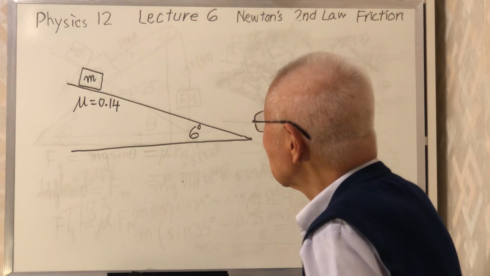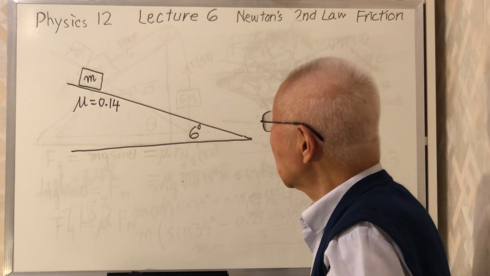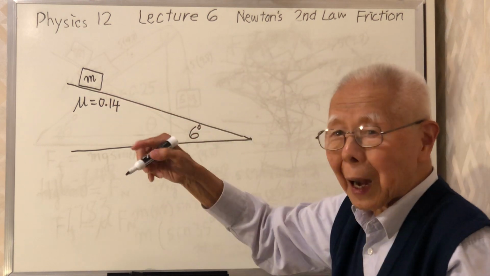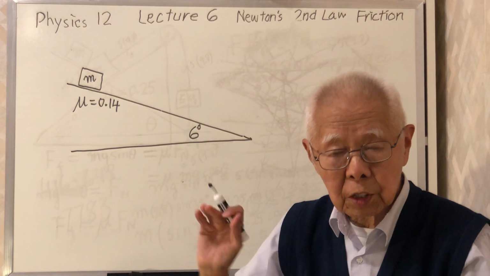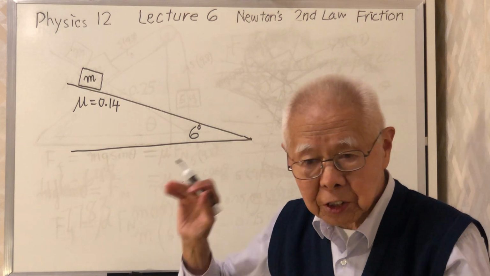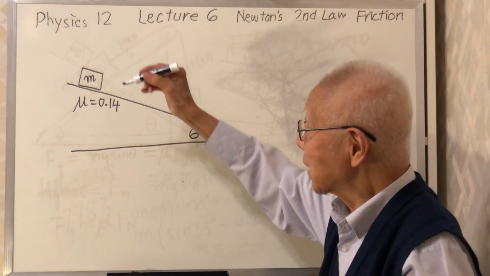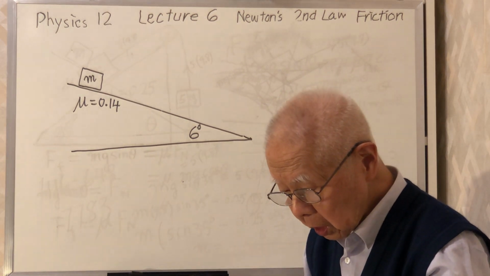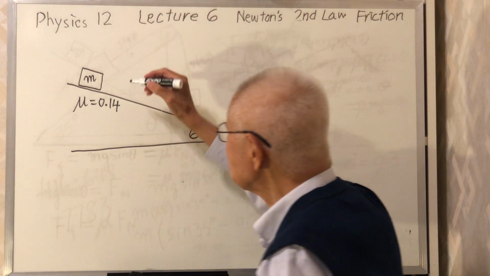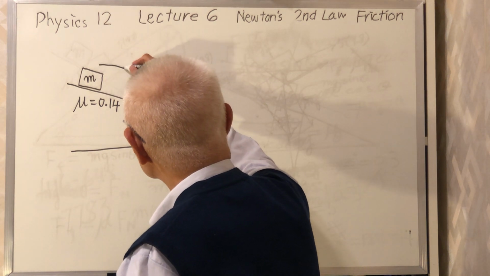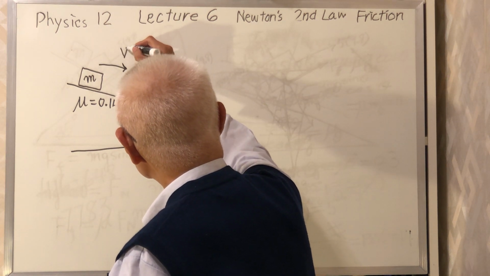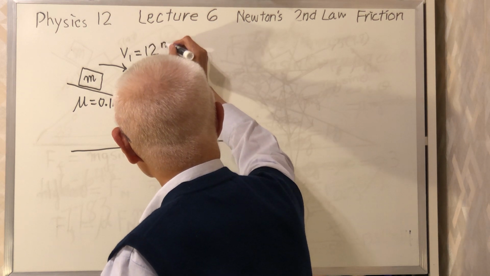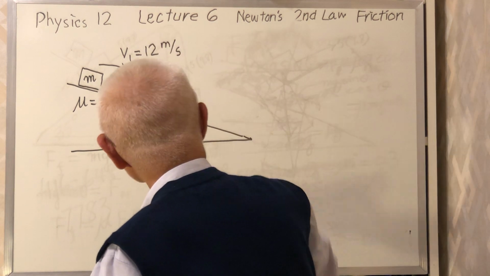Now, the question is this. You give this mass a push. You push it, so it slides down, right? So it slides down with the initial velocity 12 meters per second. So this is the initial velocity, 12 meters per second.